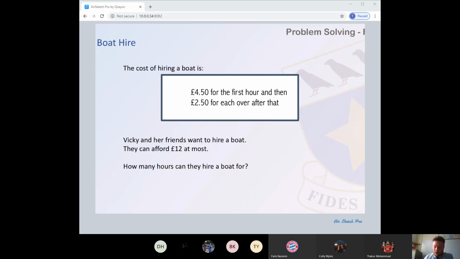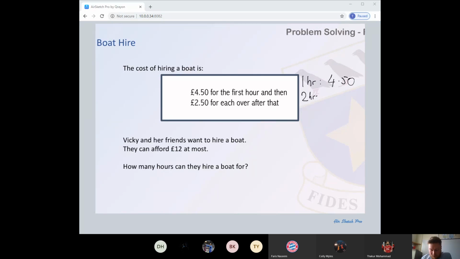So what we need to do is think about it in terms of the hours. For 1 hour, it is going to cost us £4.50. That's just for the first hour.